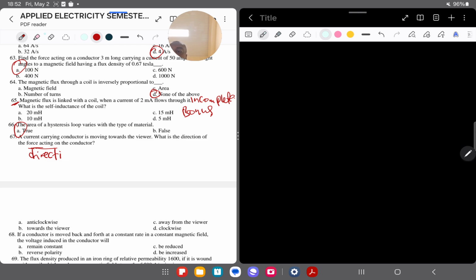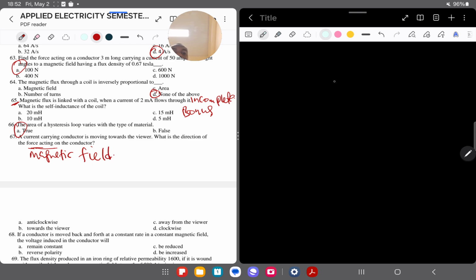This will be the direction of magnetic field.